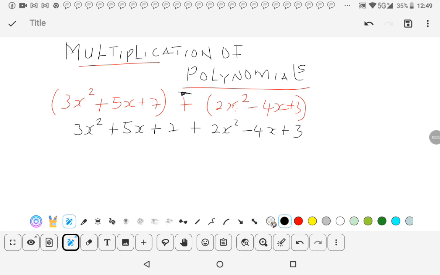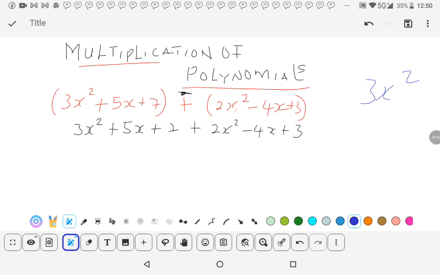So your next step here is to bring identical terms, the terms that have the same powers. Looking at both expressions, you will notice that the first expression has the highest power of 2 because we have 3x squared. And in the other expression, the highest power is also 2. So we are going to add the numbers that have the same power. We are going to bring them and add them up together.